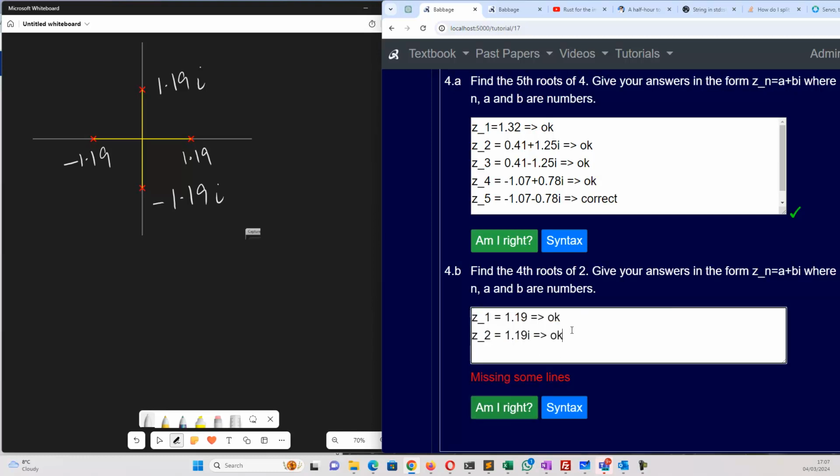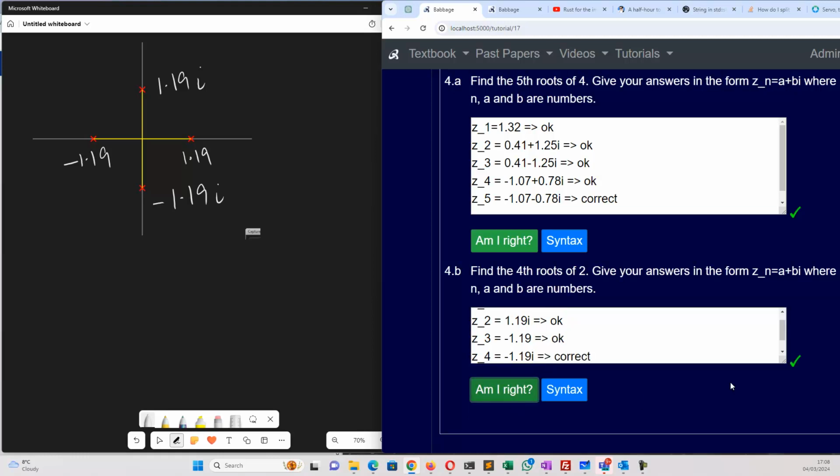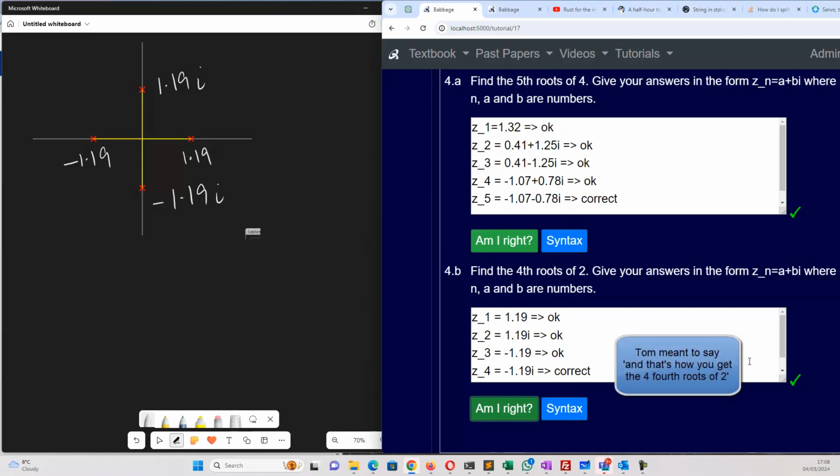Yep. So Z3 is going to equal minus 1.19, and Z4 is going to equal minus 1.19i. Are we right? Yes, we are. And that's how you get the 4 roots of 2.